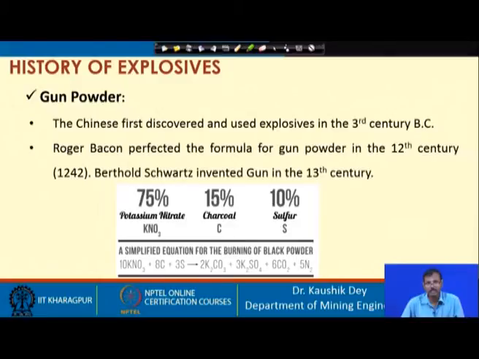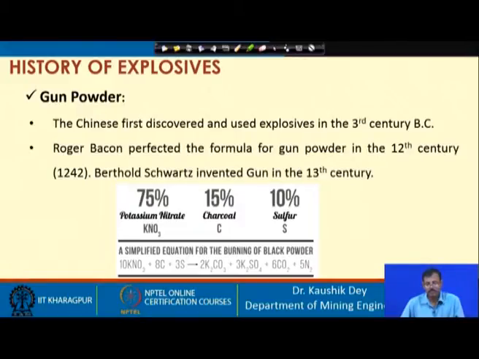It is basically a nitrate, either potassium or sodium nitrate, mixed with charcoal or carbon, and sulfur. They react instantaneously and generate nitrogen, carbon dioxide and the sulphate and carbonate of the metals.